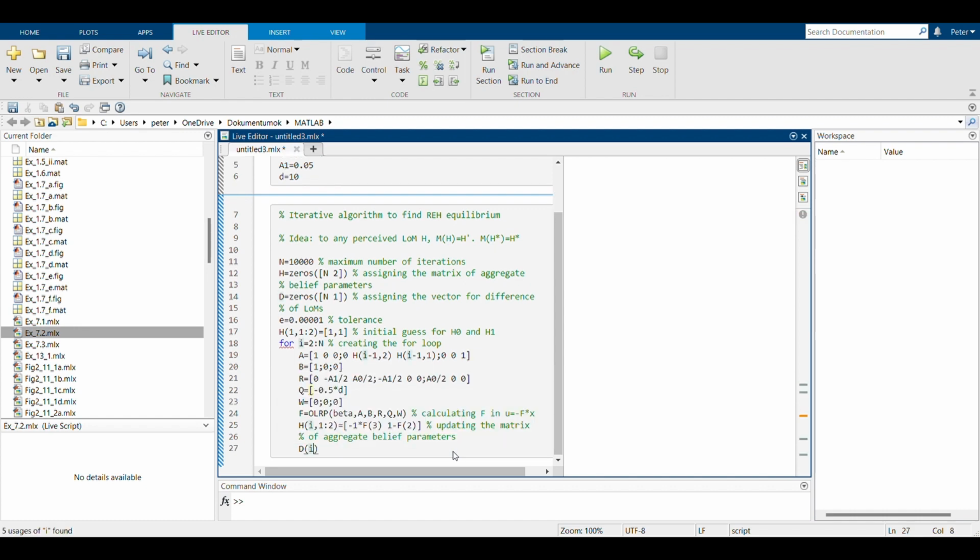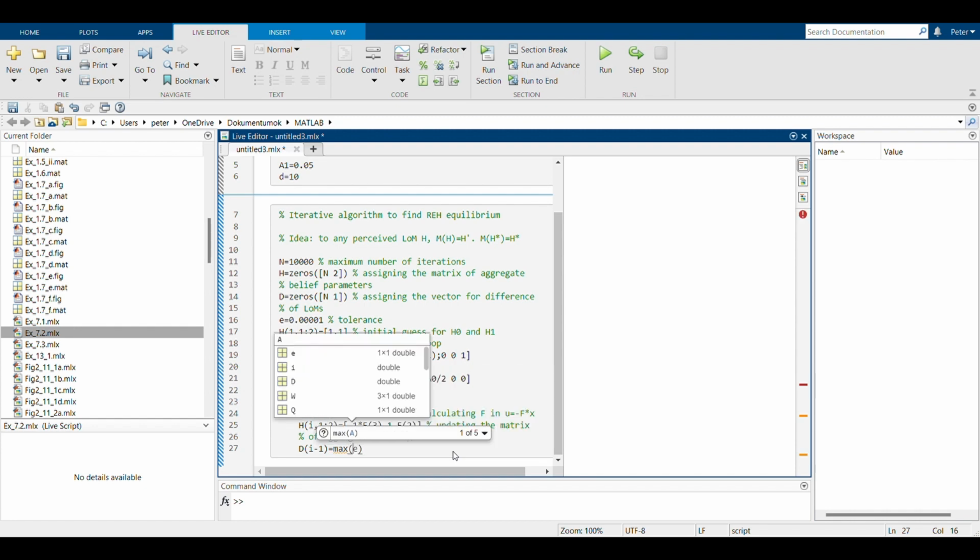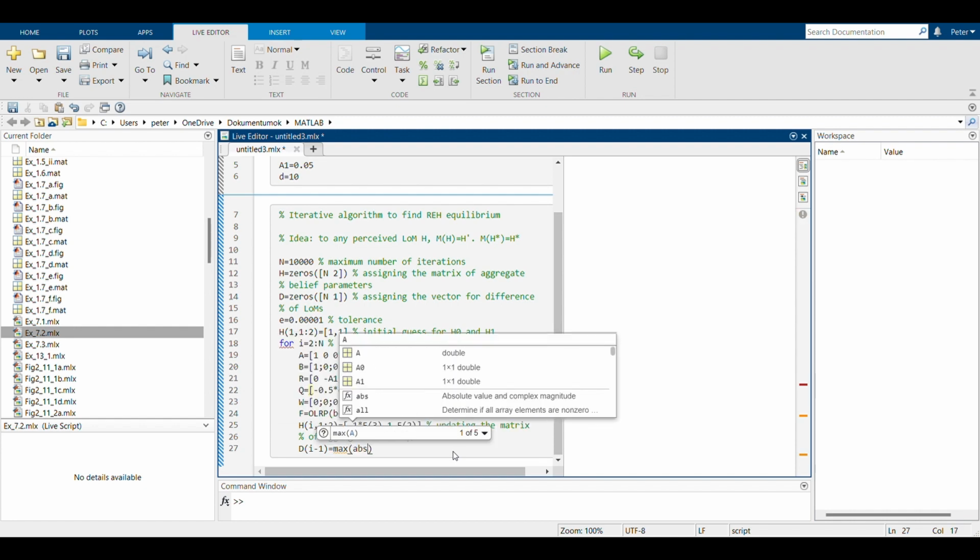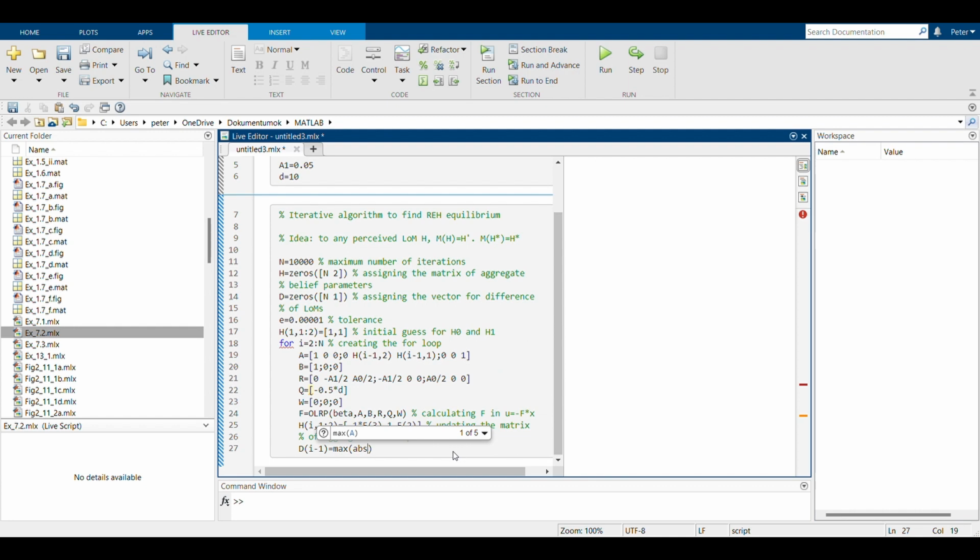Okay. There is only one thing to do to complete the stopping criterion. As I mentioned, we are comparing the consecutive rows of the matrix H in which we collect the laws of motion. So here we are comparing the consecutive rows of this matrix.